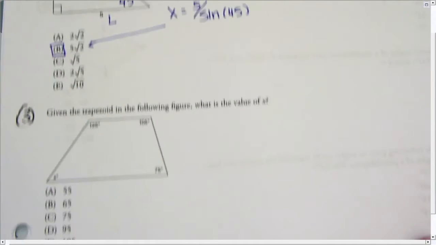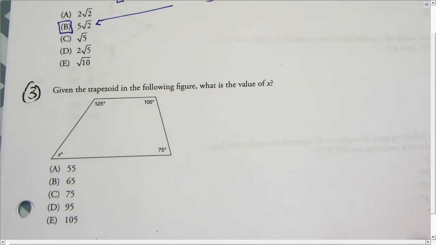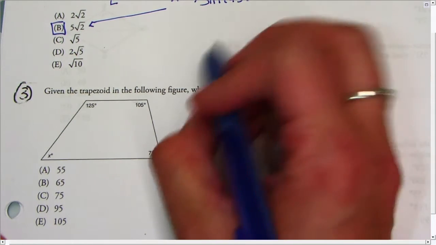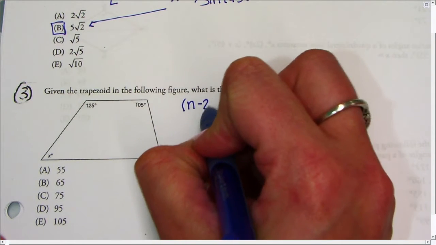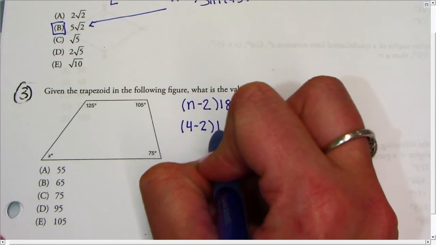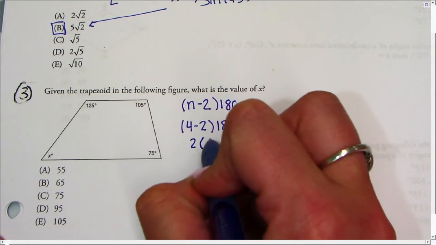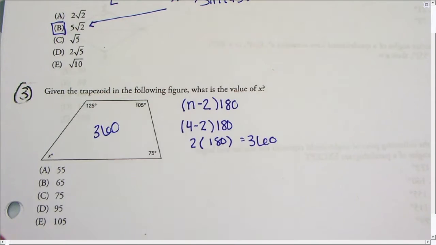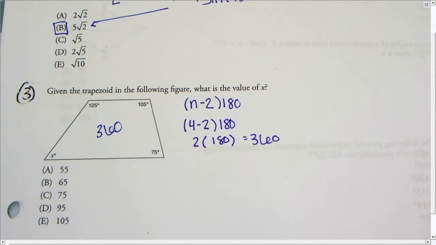All right, number 3, given the trapezoid, what is the following value of x? You don't actually need any properties of trapezoids. You just have to know that this has 4 sides. If you don't know that 4-sided figures add up to 360, you would do n minus 2 times 180. So 2 times 180 is 360. Any 4-sided figure is always going to add up to 360 degrees.